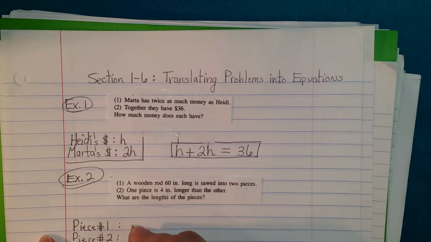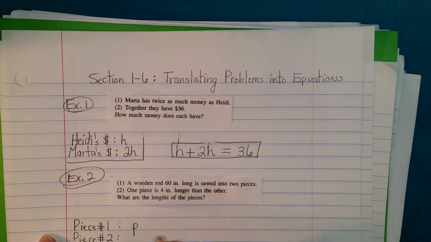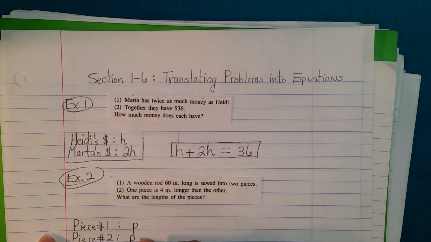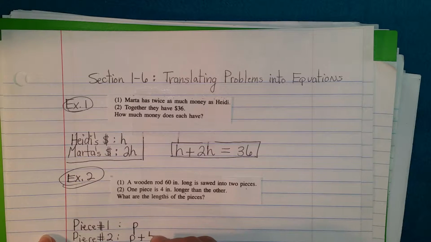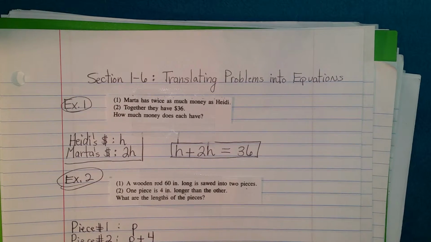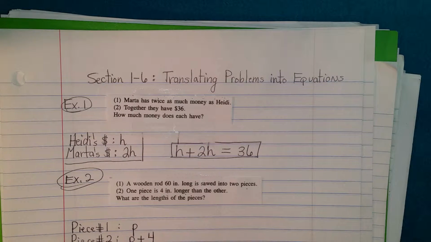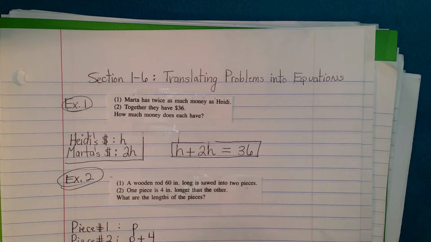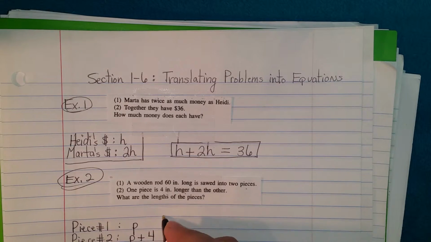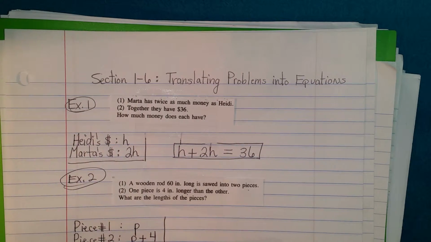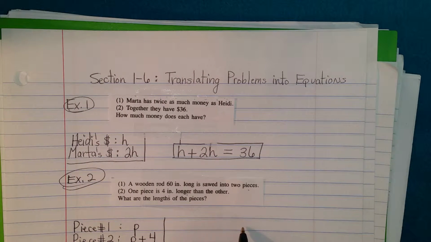So I'll just call one of them P, and the other one, I'll say P plus 4. Now you could say P and P minus 4, it doesn't matter because they're just 4 inches apart from each other. So I've defined my variables, now I need to put them together to make the equation.